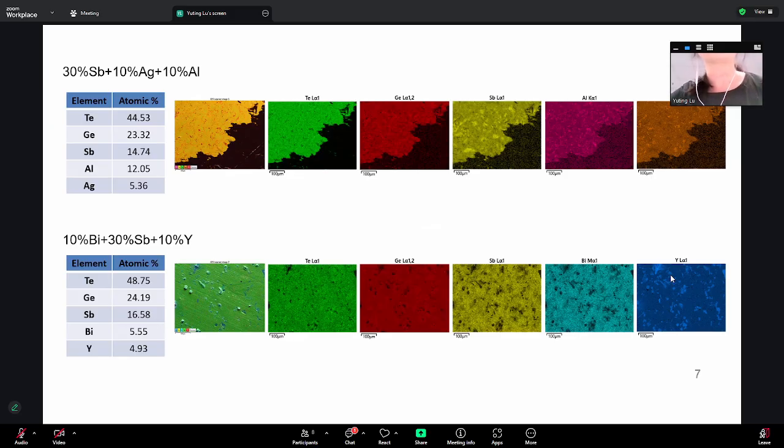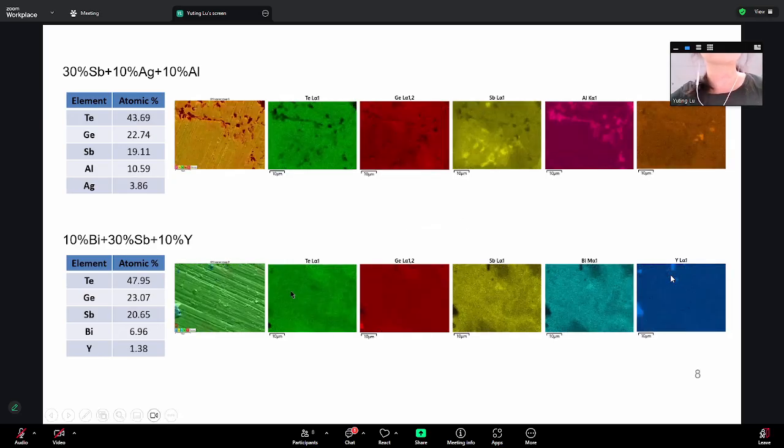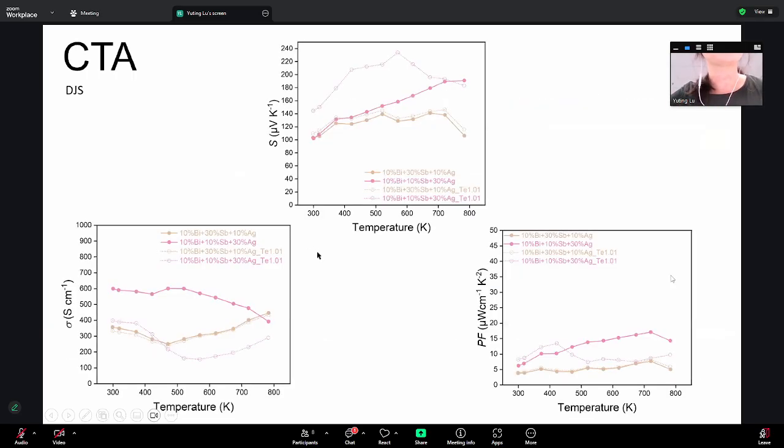And for the 10% yttrium, you can see little chunks of yttrium on the surface, so it's not with high solubility in germanium telluride.